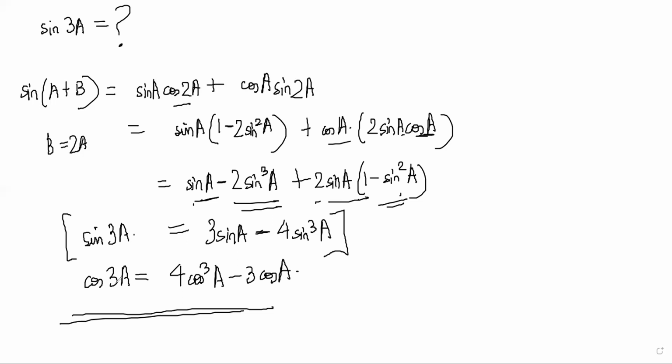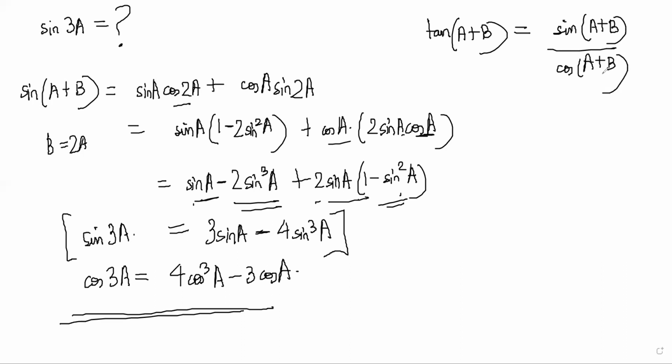So what I want to see now is what is tan of a plus b. Sine a plus b and cos a plus b I know, but I don't know any tan formula right now. So tan of a plus b is simply sine of a plus b by cos of a plus b. So let's expand here.